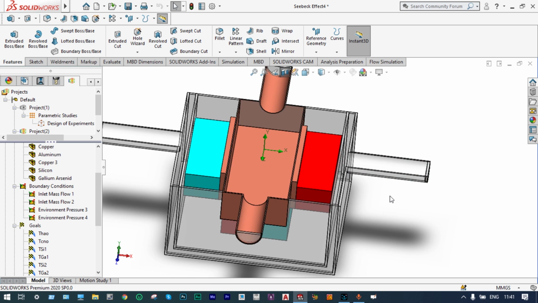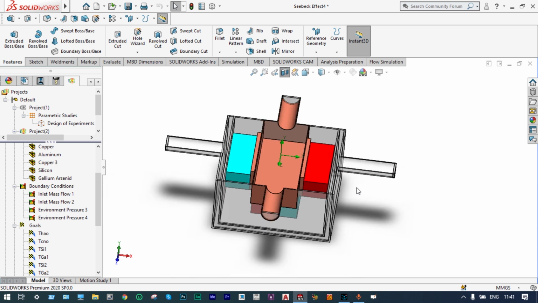So this is the model, and in this analysis our aim is to see the temperature difference at this end and this end. So if we get huge amount of temperature difference between the ends, then this heating difference can be utilized to produce high voltage, and this voltage can be utilized to generate electricity.